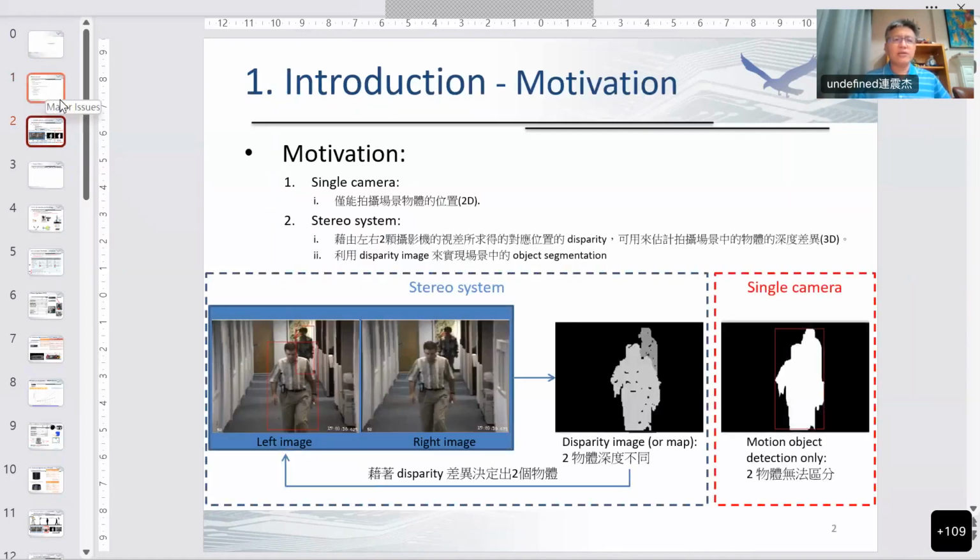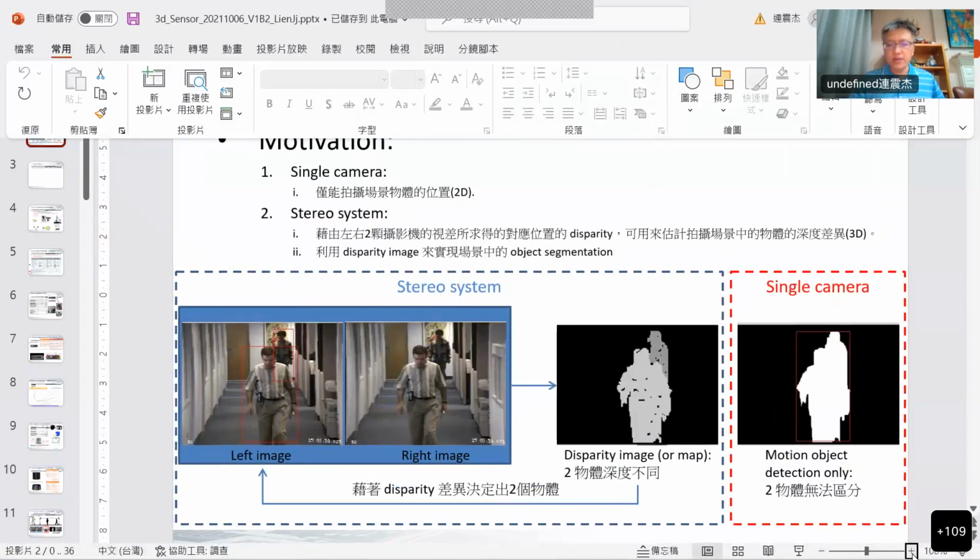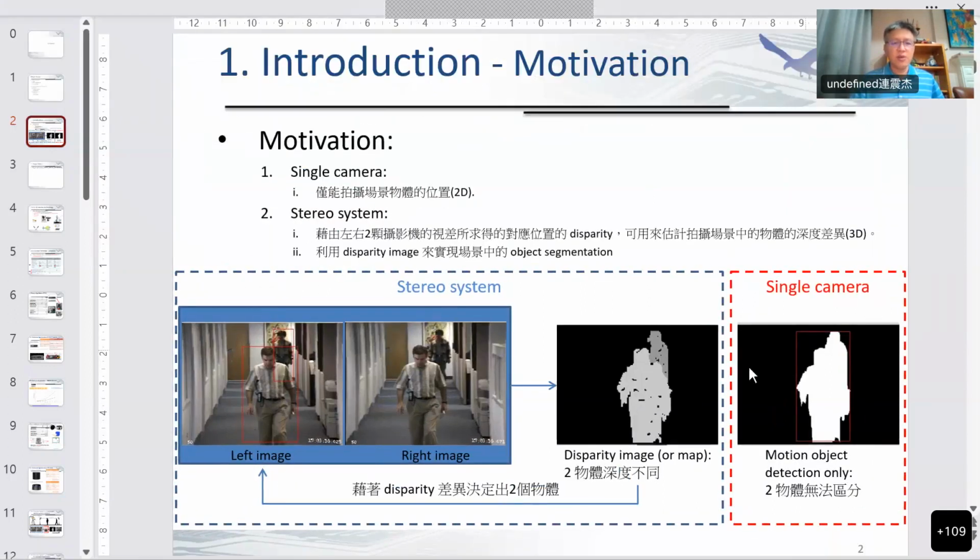So why is a 3D camera important? One example like this one. Actually, I'll talk later about the 3D principle. Suppose two cameras, stereo. So with any 3D, the purpose is this one: segmentation. You want to do object segmentation. Suppose I only take one photo here.